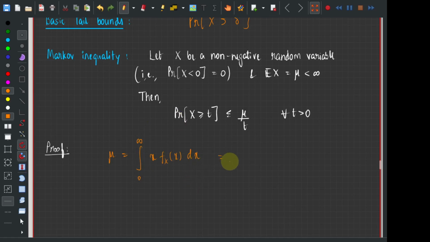Now, let me split it into two terms. I split this integral from 0 to t, x times fx of x dx, plus the integral from t to infinity, x times fx of x dx.